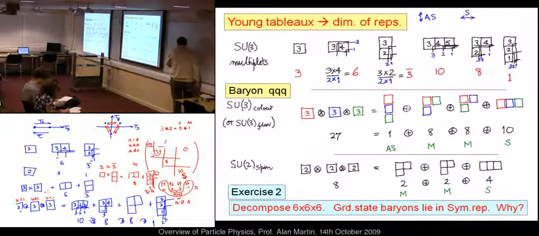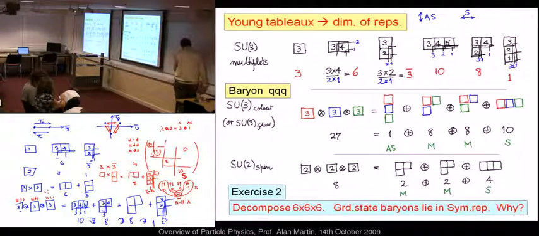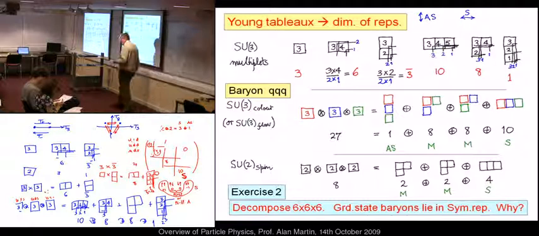So in this situation, the 2nd box can only be added here or here. There are no other possibilities. You can't think of any other place to add that box. And then when I add another box to this, it can either go there or there. So those are the 2 possibilities. When I add another box to this, it can either go there or there. It couldn't go here. That's the rule.